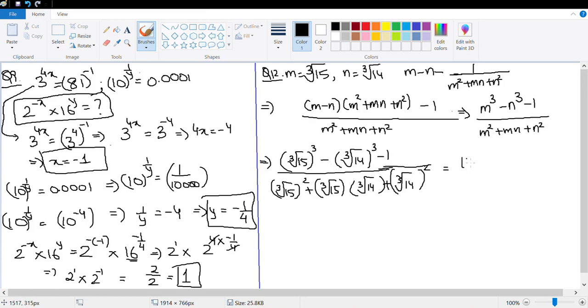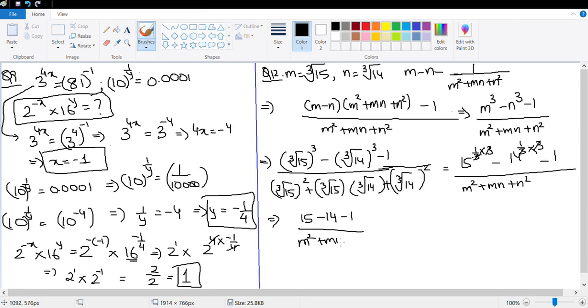So this is 15 to the power 1 by 3 multiplied by 3, minus 14 to the power 1 by 3 into 3, minus 1 upon m square plus mn plus n square. 3 and 3 get cancelled, so that's 15 to the power 1, which is 15, minus 14 minus 1 upon m square plus mn plus n square, which is equal to 0 upon m square plus mn plus n square, which is equal to 0.